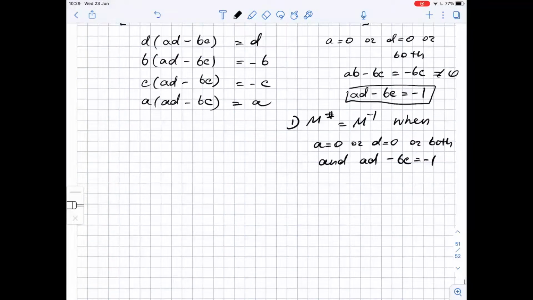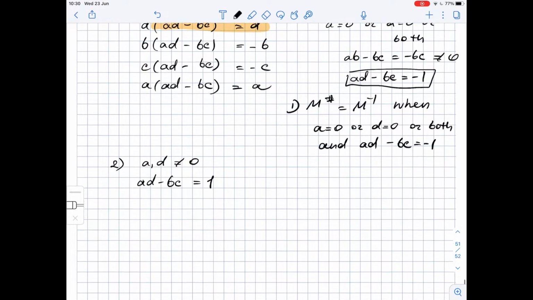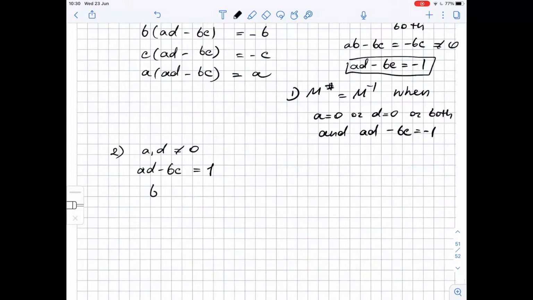The second scenario: if A and D do not equal 0, in that case, AD minus BC has to be equal to 1. We get this from the first equation, from this one. So AD minus BC equals 1. Then B equals negative B and B equals 0.